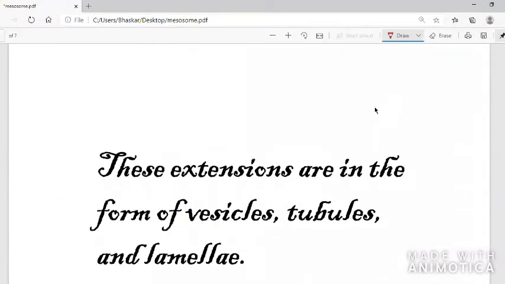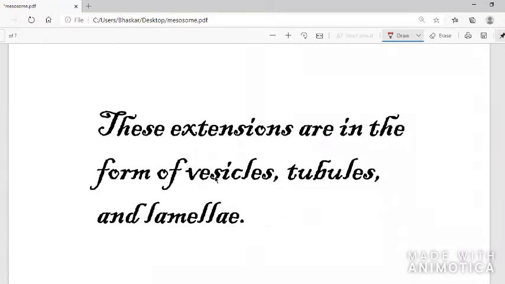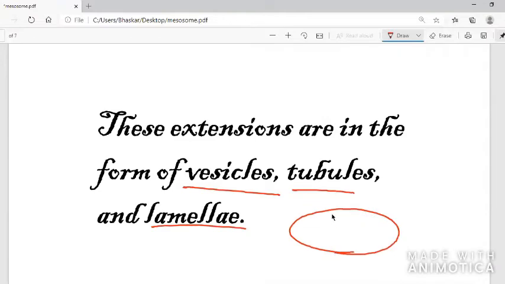Next, these extensions take the form of vesicles, tubules and lamella. If you look at the structure with some care, these are nothing but a fold made up of vesicles, tubule-like structures and lamella.